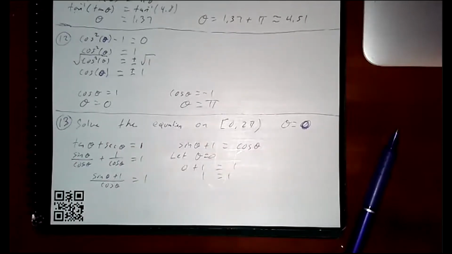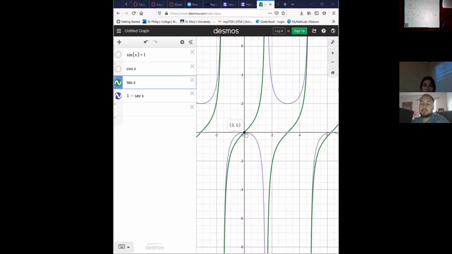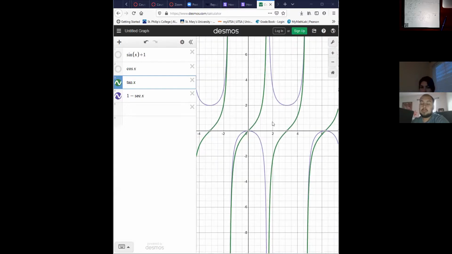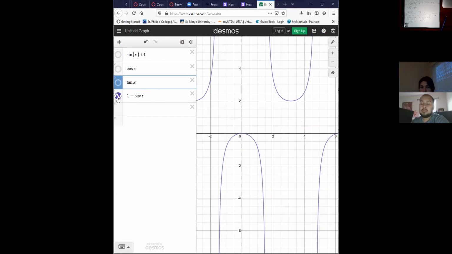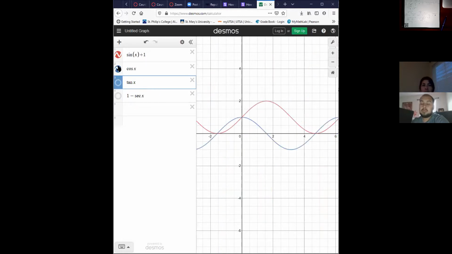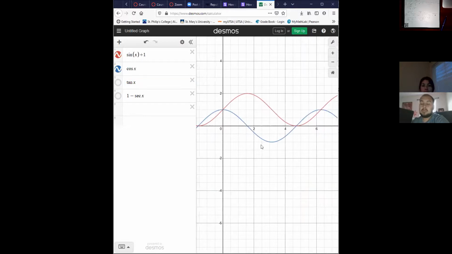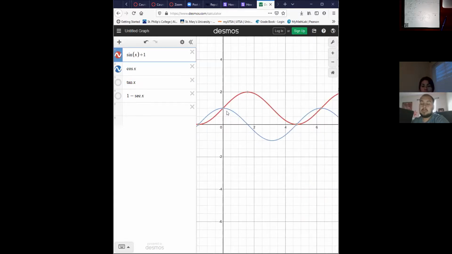Okay, we'll go back here. This graph, though, does not include the 3 pi halves, 3 pi over 2. You see that? They don't intersect again. So the original equation does not intersect again. The one that I created intersects twice within the interval they asked for. Yet they should be the same, right?